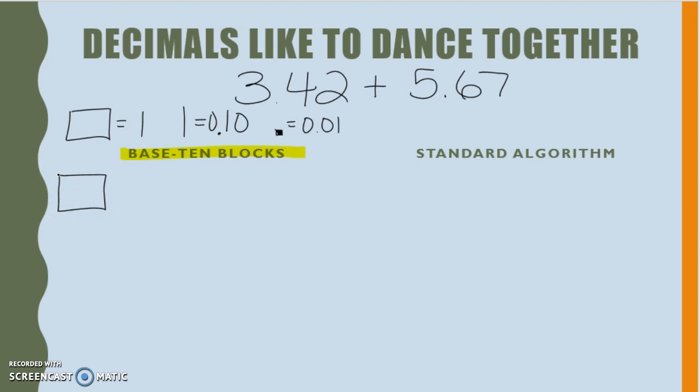If this shape, which is a square, represents 1, then I will need 3 ones. I will also need 4 tenths and 2 hundredths.